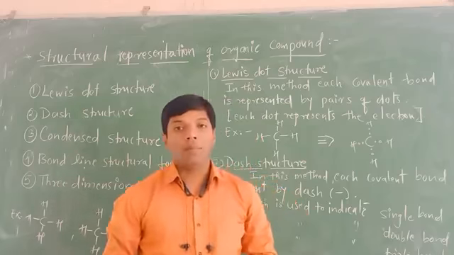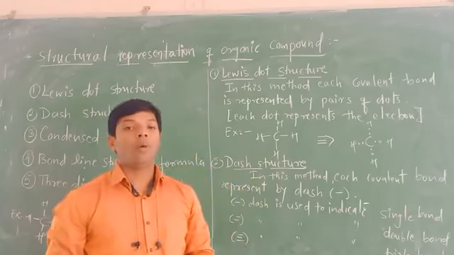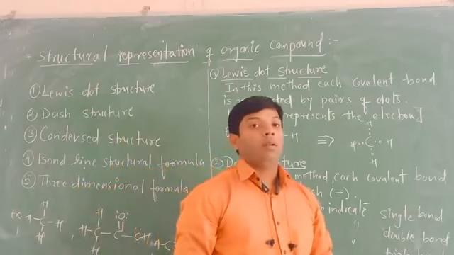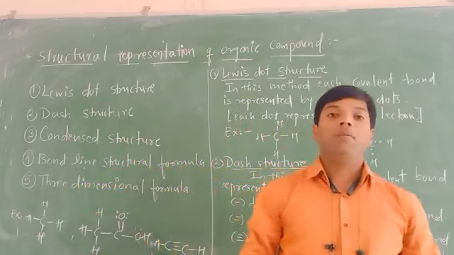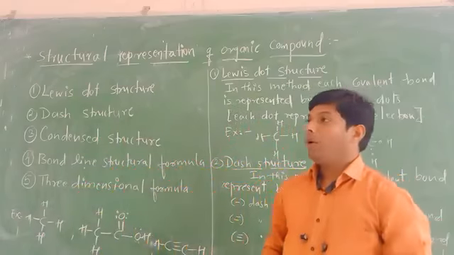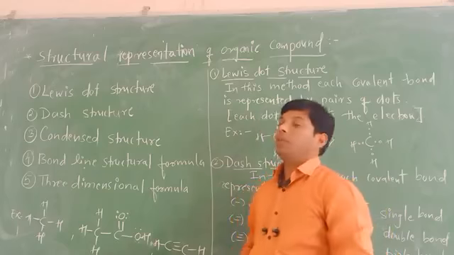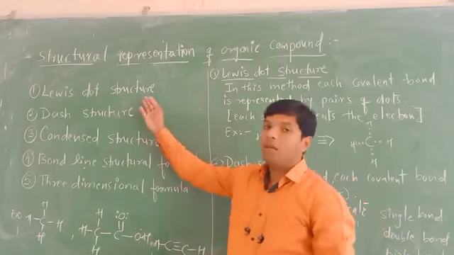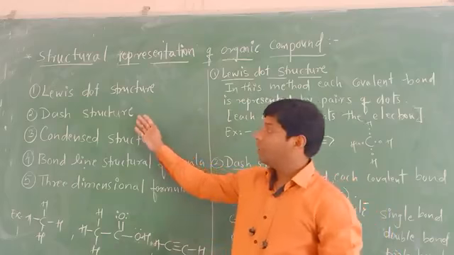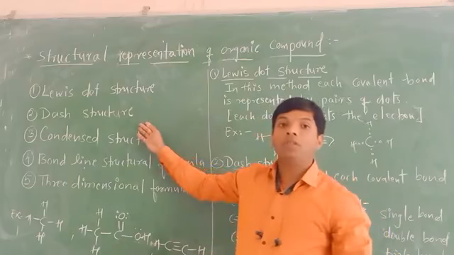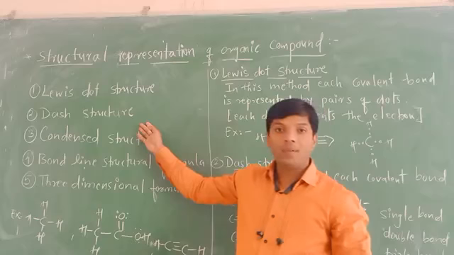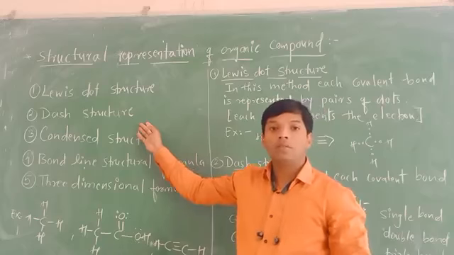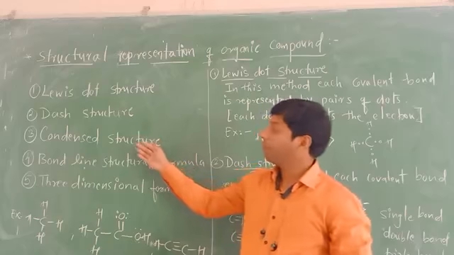Whatever the organic compound is, it can be represented in the following manner. First, by Lewis dot structure. Second, dash structure, also called dash structural formula.